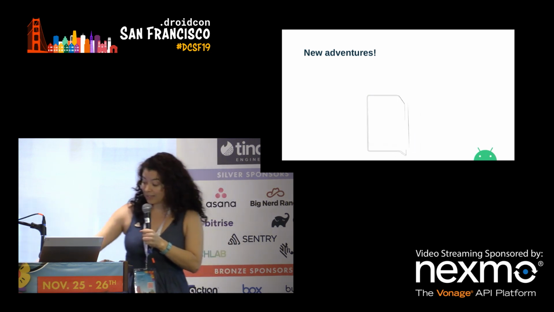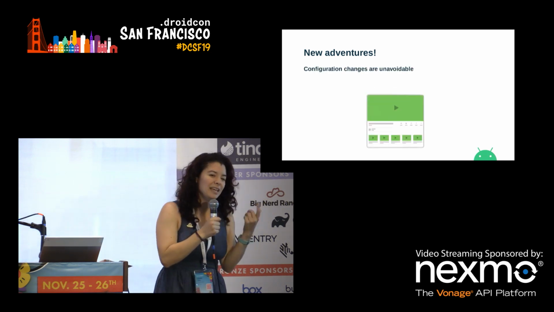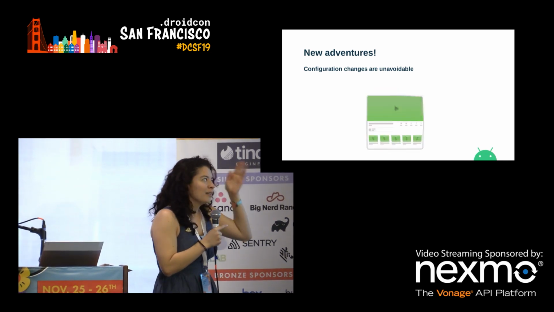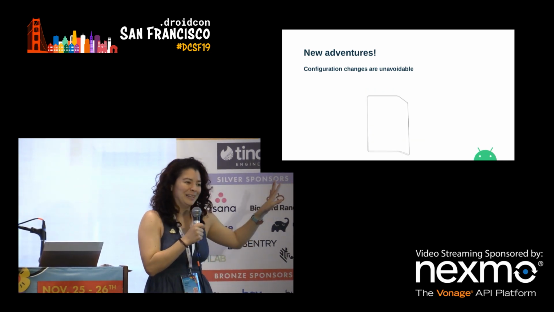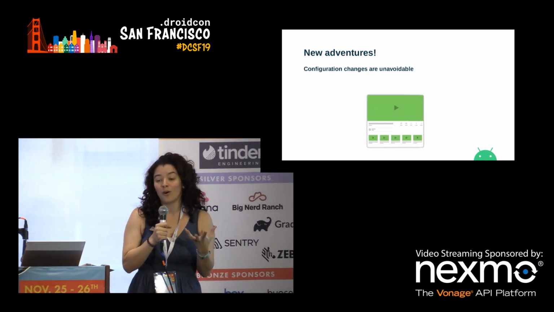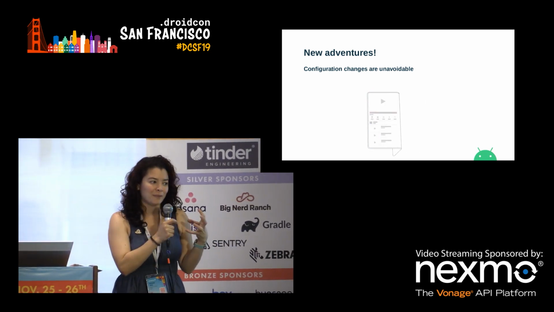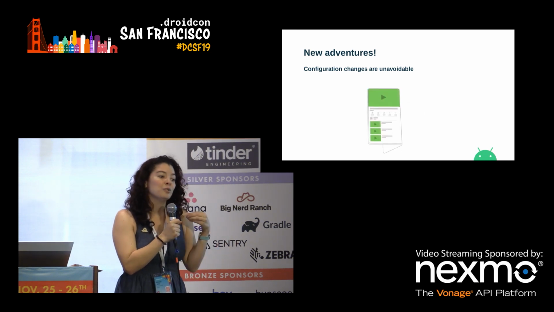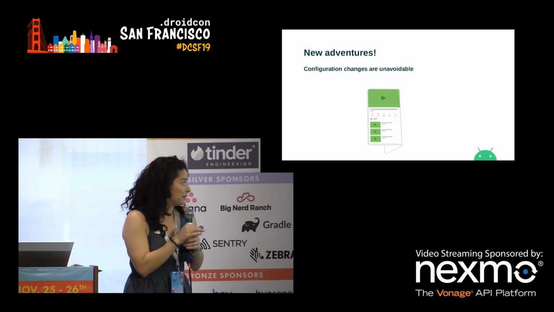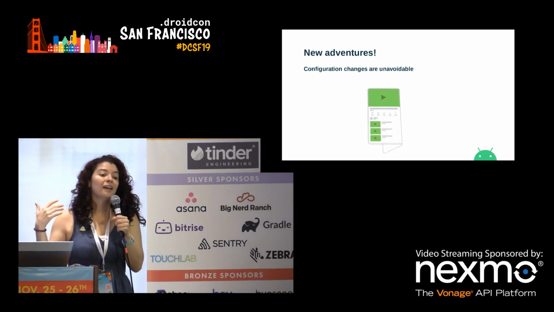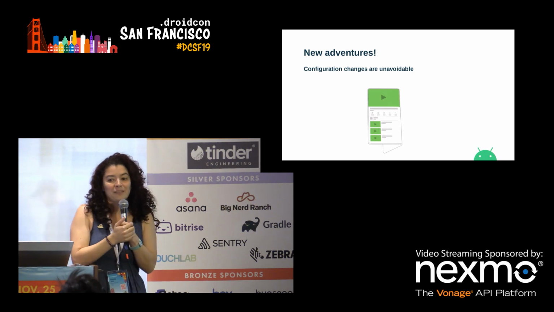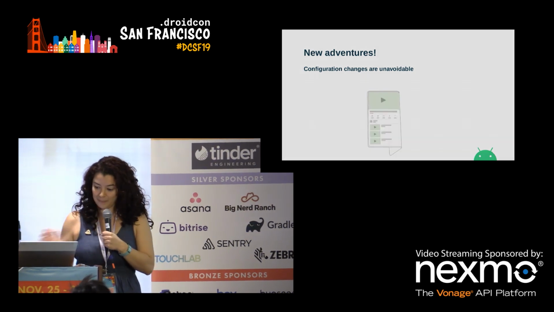As developers, that gives us a little bit of headaches because it means that we have to deal with different layouts. We have to deal with configuration changes. They are unavoidable. But it also means that we can take advantage of all the different offers that the form factors have to bring users a unique experience on each device that they have. Luckily, Chromebooks are a really important tool for testing these different interactions in different devices.